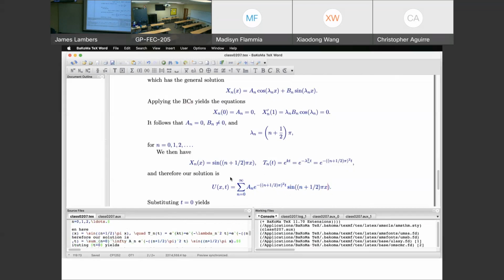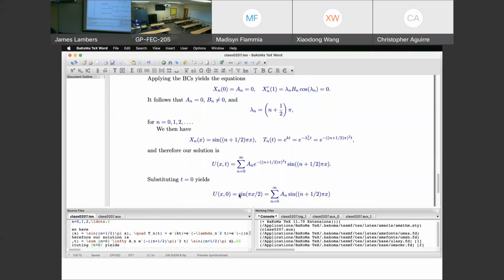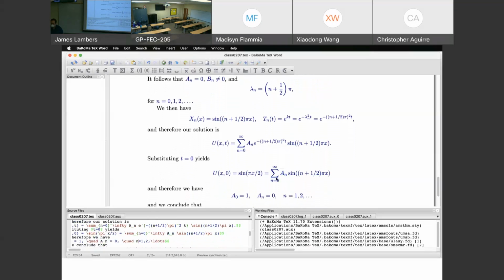So to enforce the initial condition, we set t equals 0 on both sides. On the left side, we're going to have whatever the initial data is. We've got that from earlier. And when we set t equals 0, the exponential will just become 1, so all we have is this. It turns out in this case, it's easier than in other examples to get the coefficients a_n, because this is a linear combination of what functions?